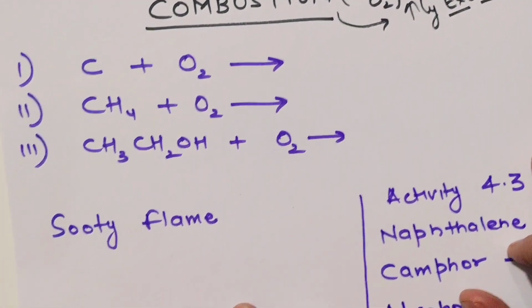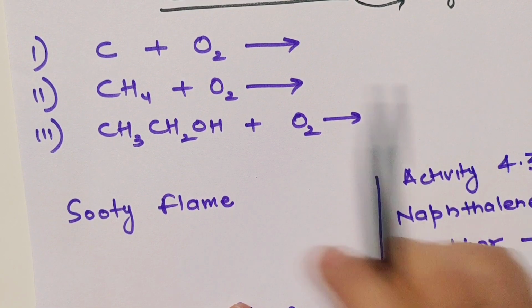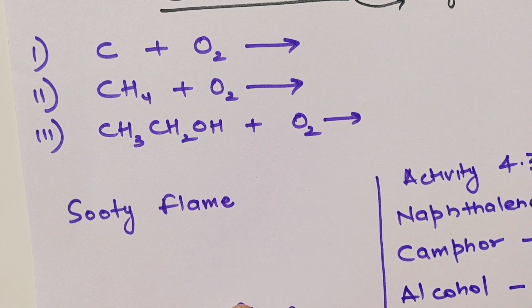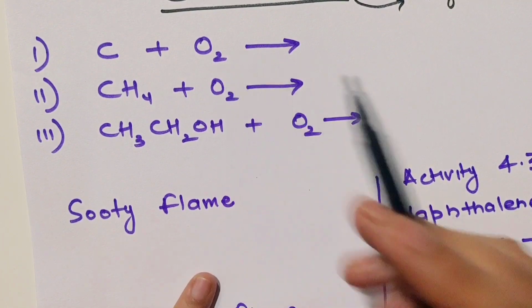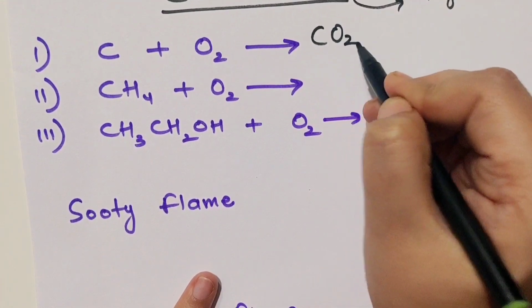Okay, now let's talk about the kind of products that are formed. Now, when it's just carbon, like carbon in all its allotropic forms, such as graphite or diamond or Buckminsterfullerene, when they are combusted in presence of oxygen, the only product that is possible is carbon dioxide, right?